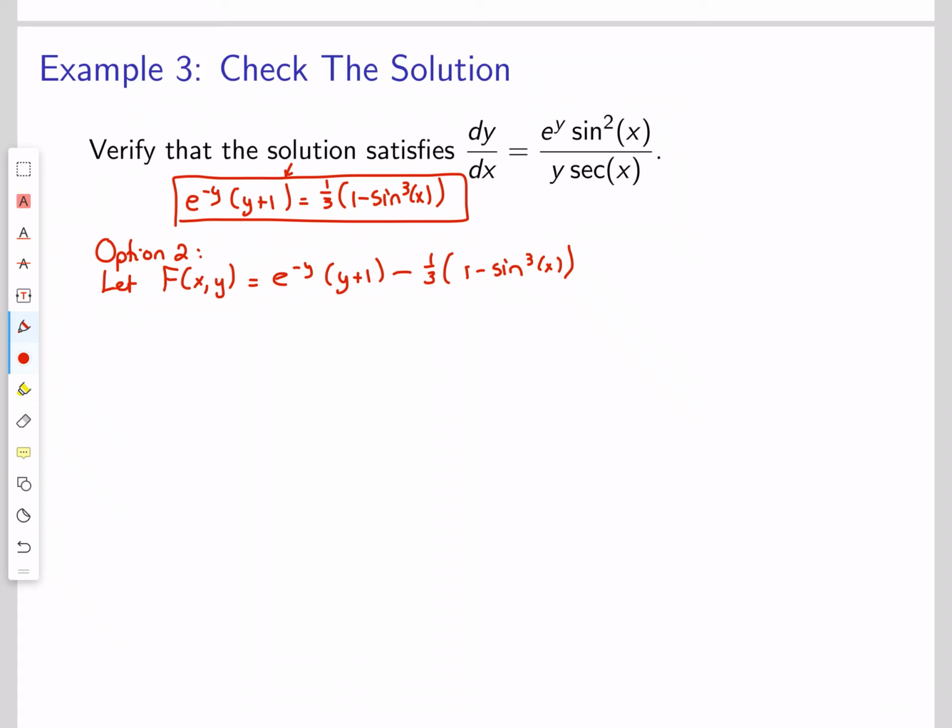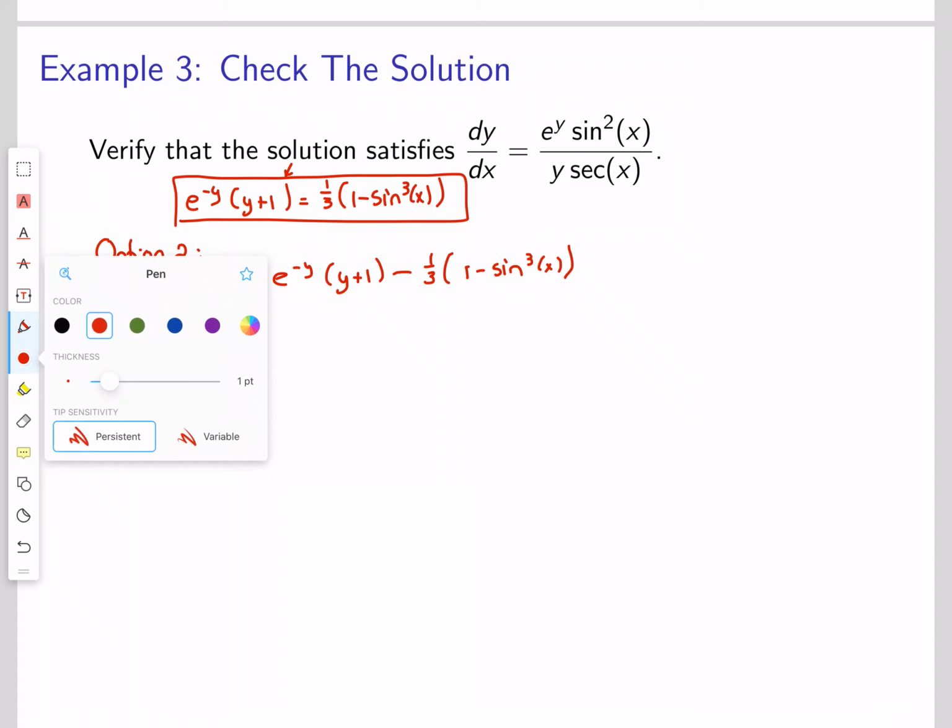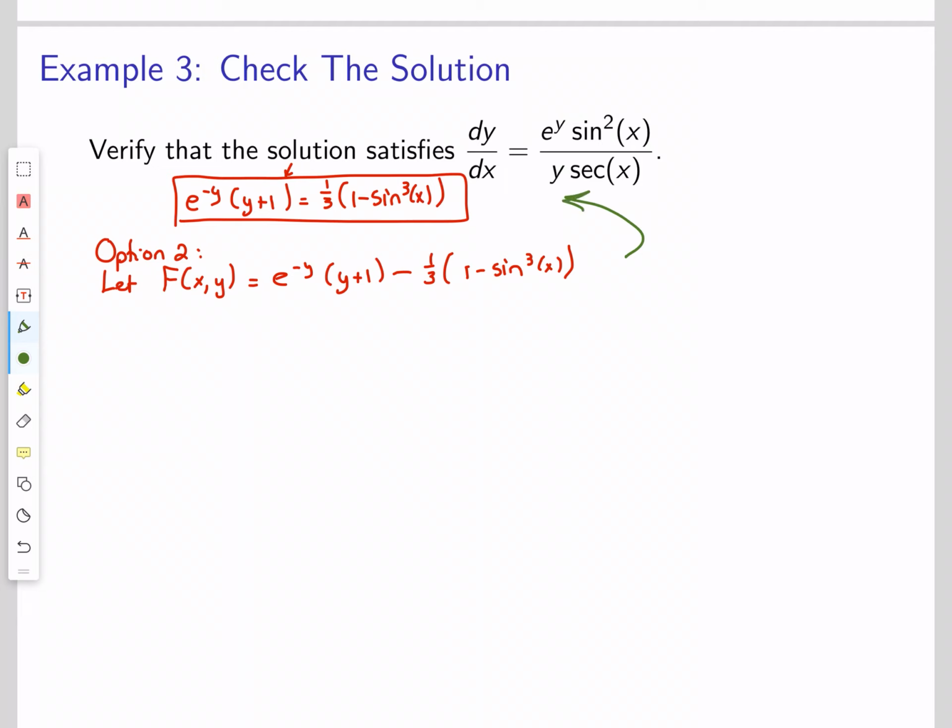And so the solution is given by setting capital F of x y equal to 0.